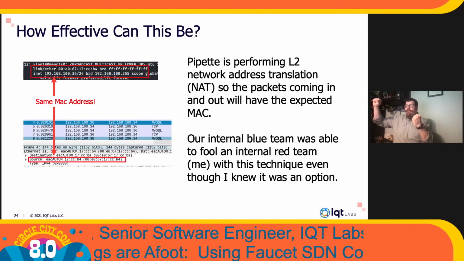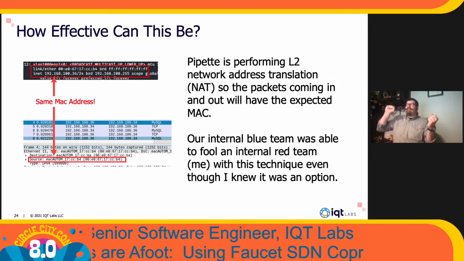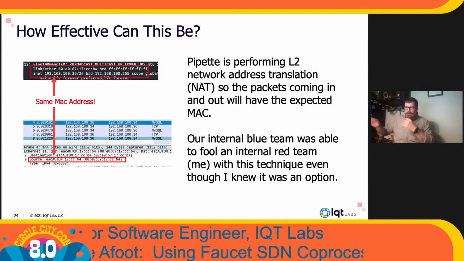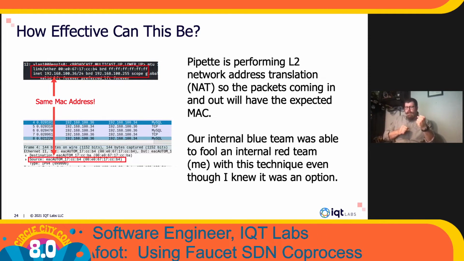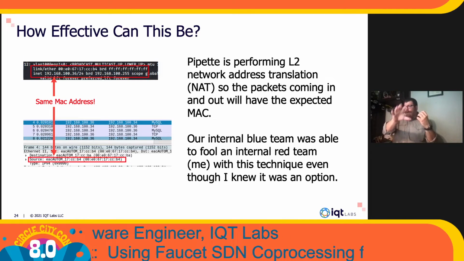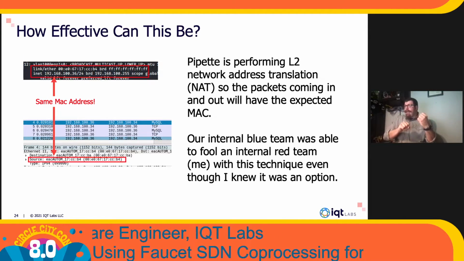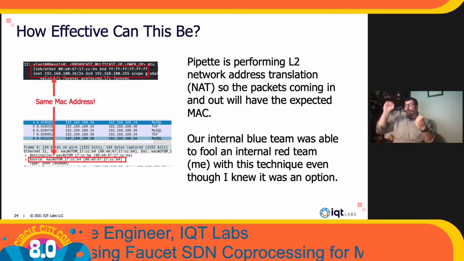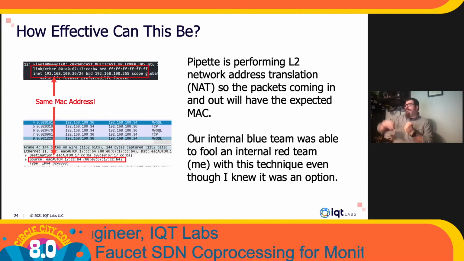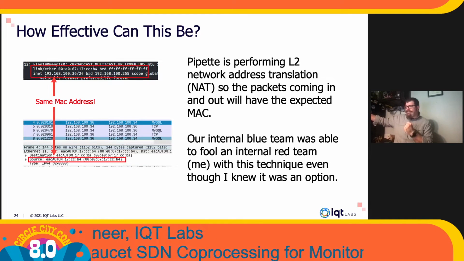It's got its destination IP and destination MAC, right? Where it's going. Okay, so the pipette grabs the destination IP and destination MAC, sticks them off to the side, and replaces them with the appropriate destination IP and destination MAC for where it should be going in the coprocessed network.